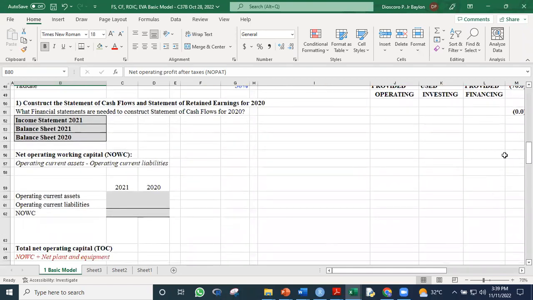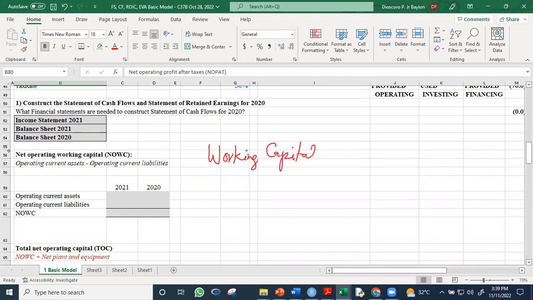Okay, first we define the net operating working capital. Let me just define to you some terms used. So when we talk about working capital, WC, this is the term used to denote your current assets.